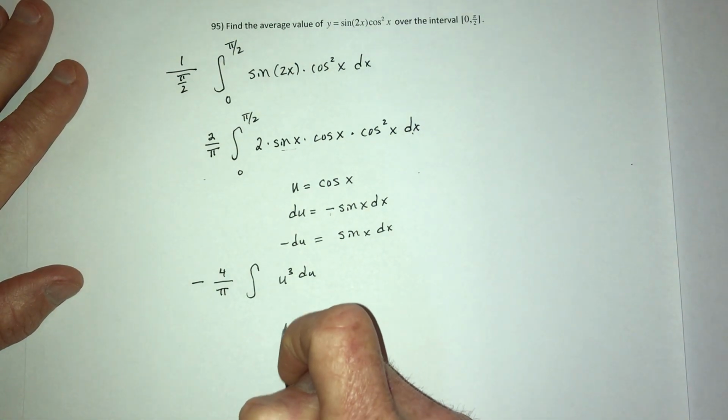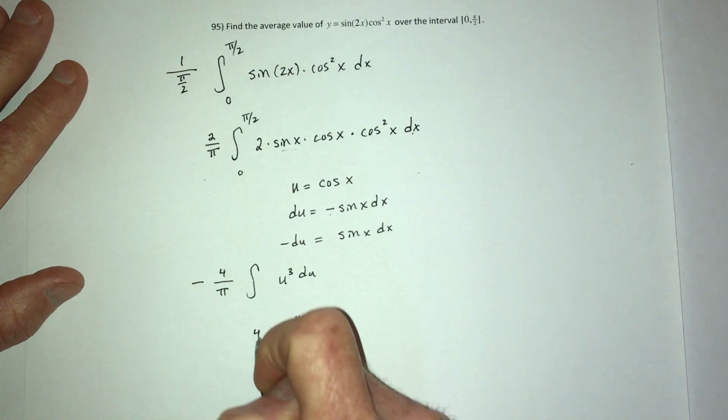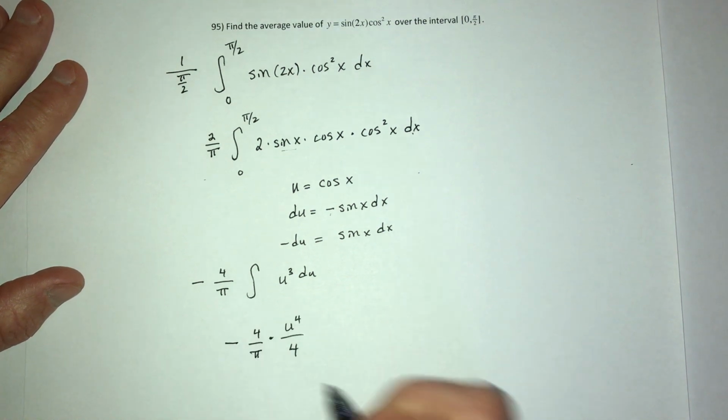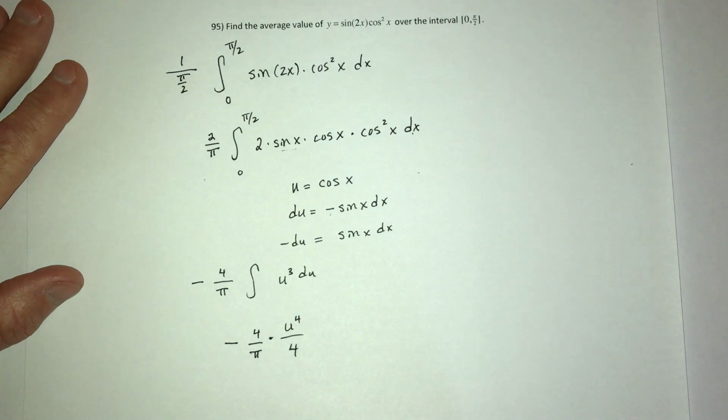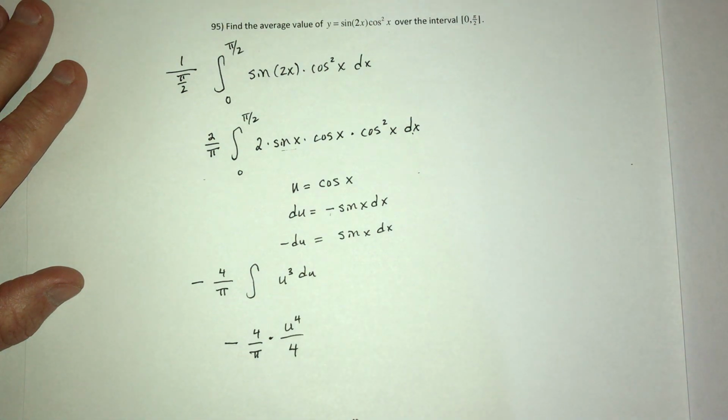So the antiderivative is going to be u to the 4th over 4. And for right now, I do not put the limits. I wait until I replace the u with cosine and then put the limits.